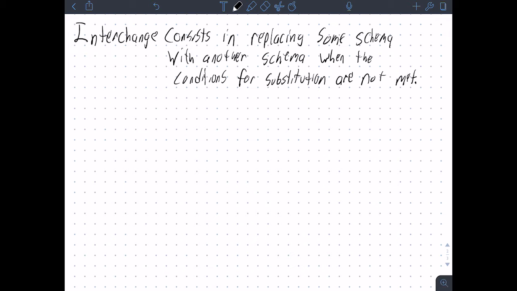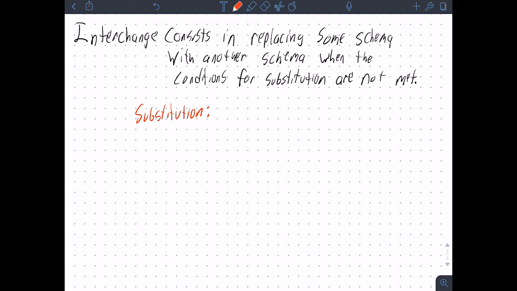So remember that when we substitute a schema, or we substitute part of a schema for something else, we have to replace every occurrence of a letter. If we're substituting something in for P, we have to replace every instance of P, and we have to replace it with the same thing, right?